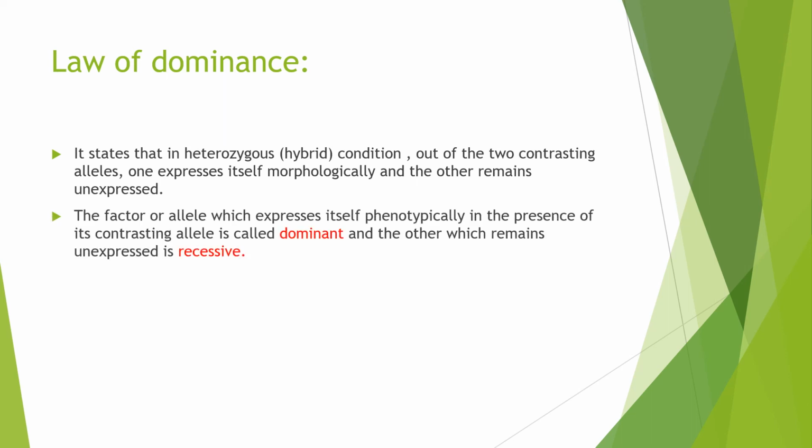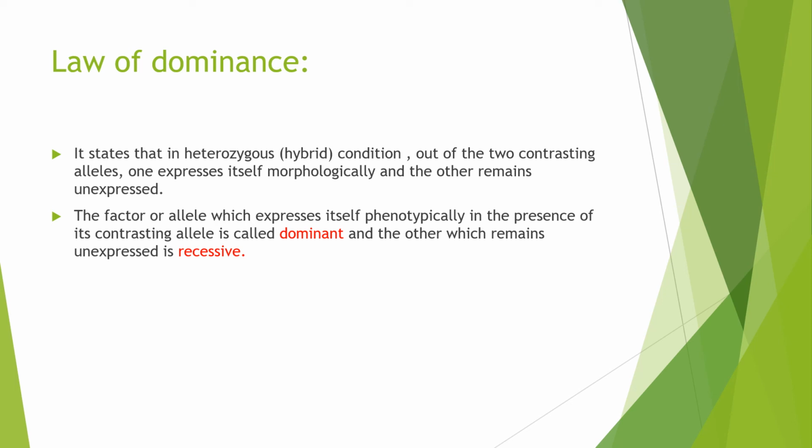The factor or allele which expresses itself phenotypically in the presence of its contrasting allele is called dominant, and the other, which remains unexpressed, is recessive. If we take capital T and small t, then in the first generation we will get only capital T. It means all the plants will become tall.